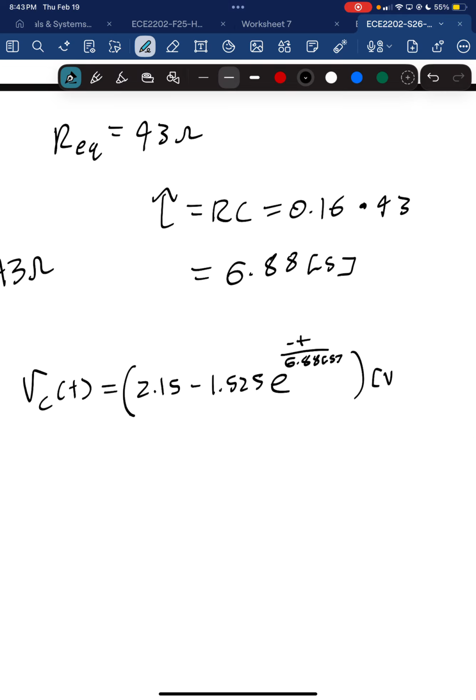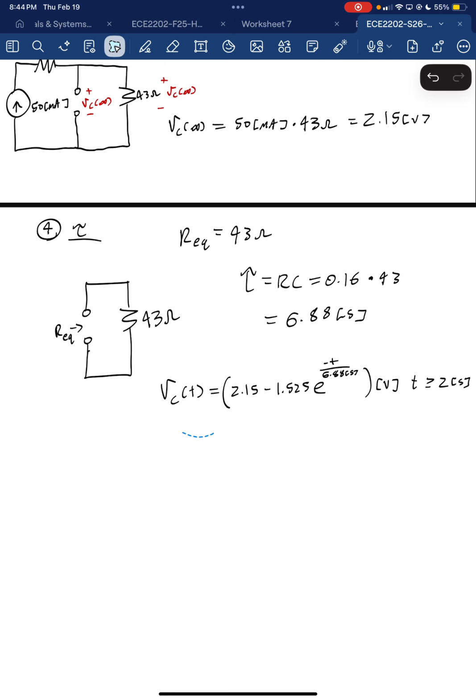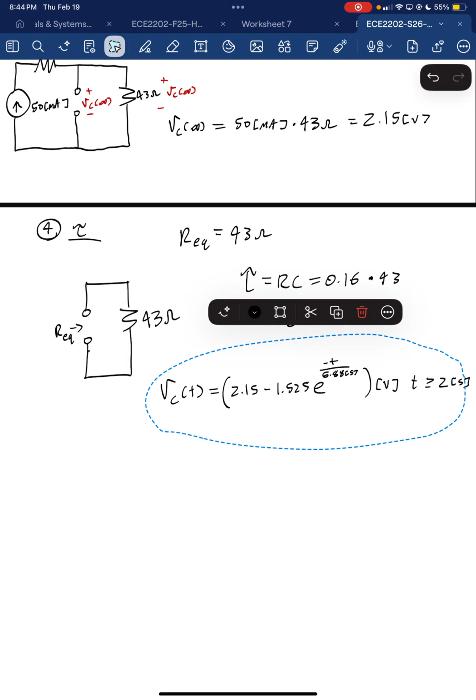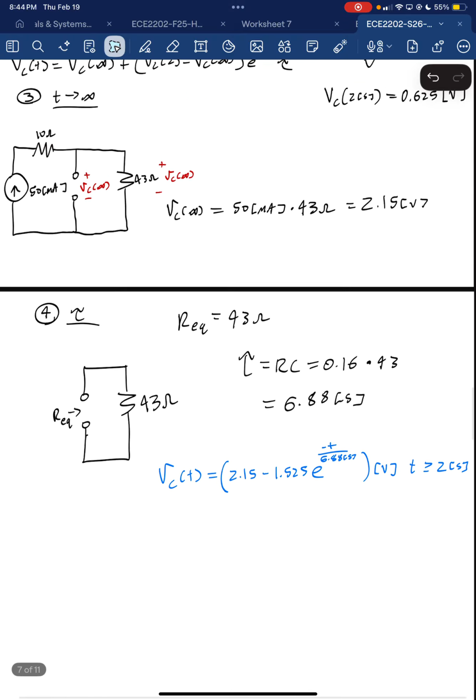And that's all in volts. And this is for t greater than or equal to 2 seconds. This is negative t over 6.8. Yes, negative t over 6.88.